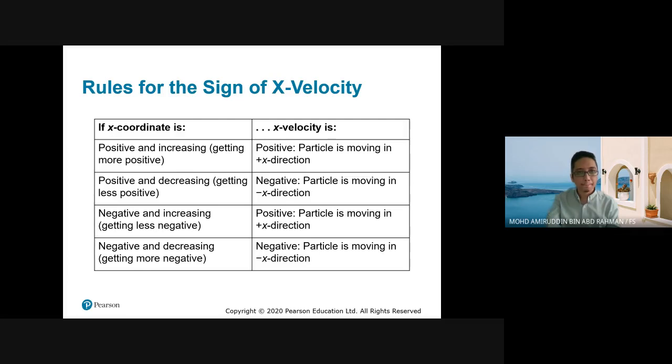But let's say you are already moving at a certain speed. For example, your car is moving from x1 to x2, but at x1 it is 100 kilometers per hour, and then at x2 it is now 50 kilometers per hour.